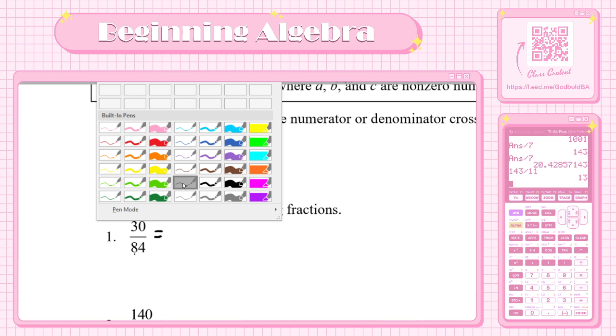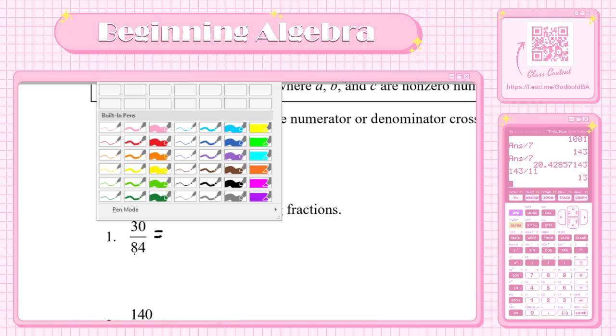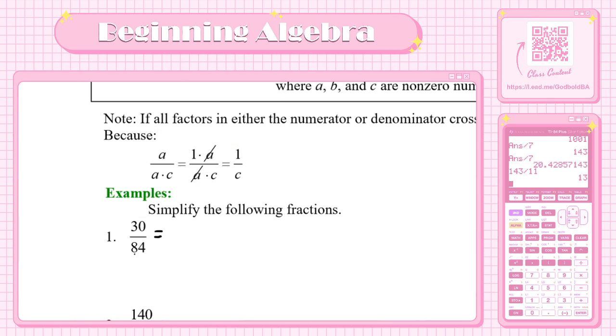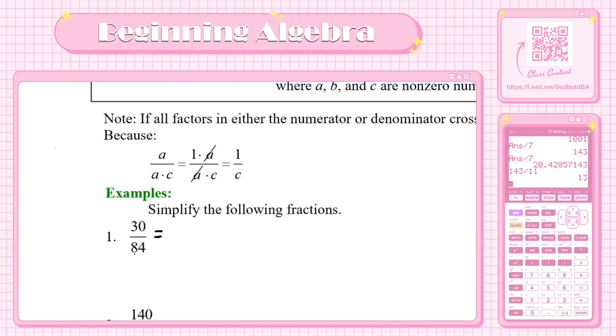How can I add it to favorite pens? How do I add it to the quick access toolbar? Okay, is this it? That still feels too fat. Oh, I guess it's good. Sorry, talking to myself.